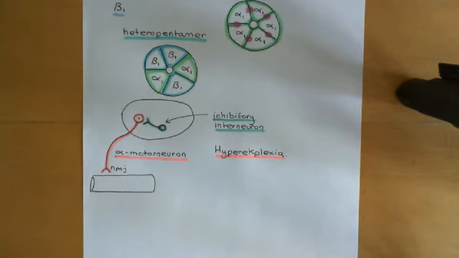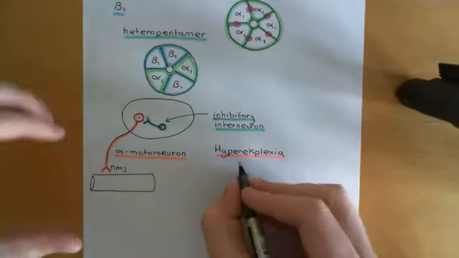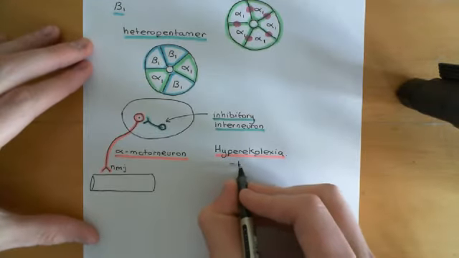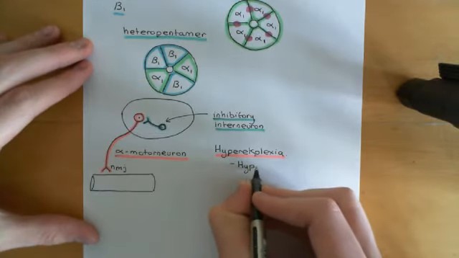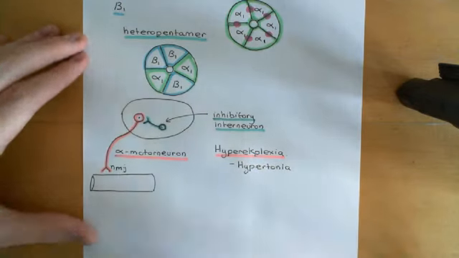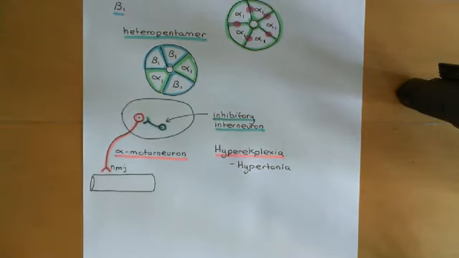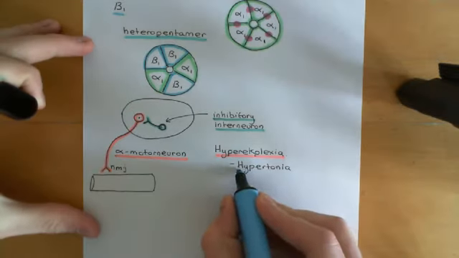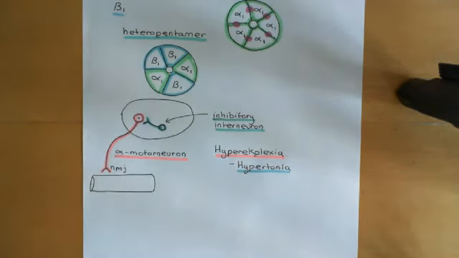Okay, so now it's going to be easier for that alpha motor neuron to fire action potentials, and therefore what ends up happening in hyperekplexia is you end up with far too high muscle tone, which is called hypertonia. And hyperekplexia is also sometimes called stiff man syndrome, because of the hypertonia, too much muscle tone going to all of your skeletal muscles.